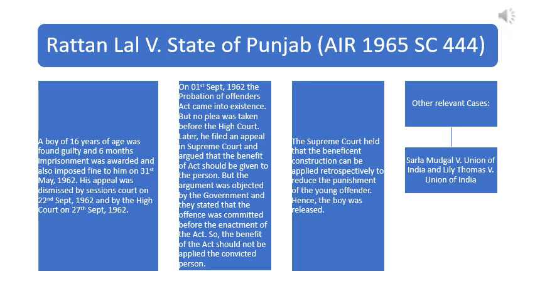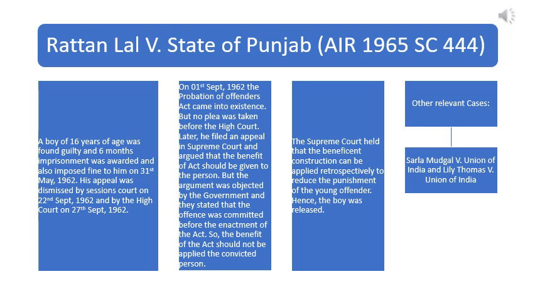In these circumstances, as we discussed earlier, it is not possible to give criminal law retrospective effect. But with respect to reduction of the punishment, the court applied beneficent construction.